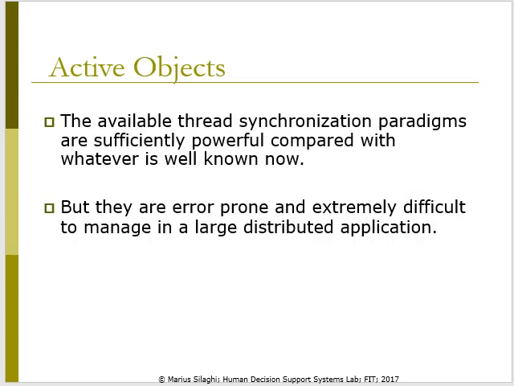Next, we are going to be talking about mechanisms to synchronize threads or to manage threads in ways that can be proven theoretically to be correct. There are such mechanisms which allow the management of applications with large number of threads in ways that can be proven for correctness, like active objects, Petri nets, and so on.